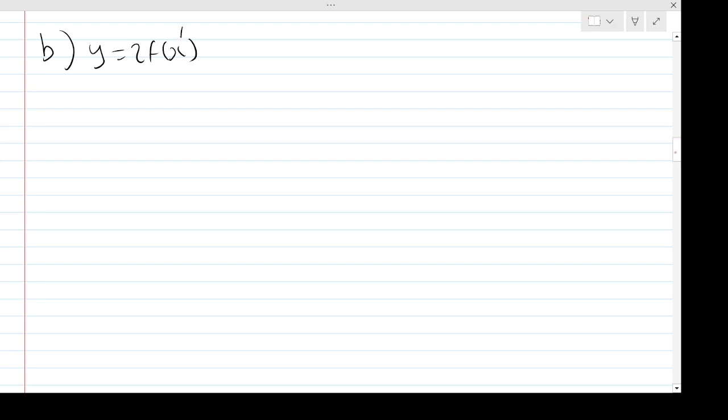The actual x value, the input in the function, is just x still, so it'll affect the y values. So then we do what we expect. Remember what we talked about at the start. The philosophy is what we do outside the function, we do exactly what we expect. Well, what do we expect? We expect the y to be times by 2 because we're doing 2 times f of x. So that's what's going to happen.